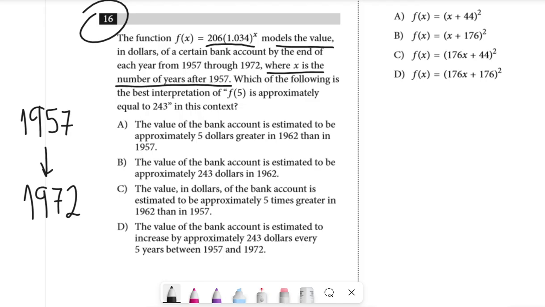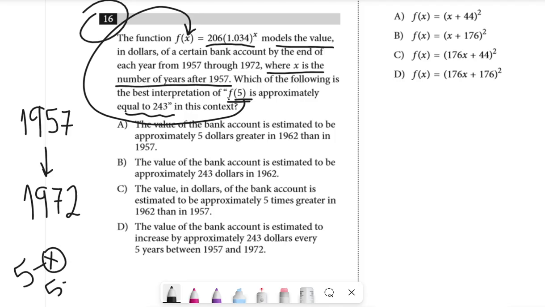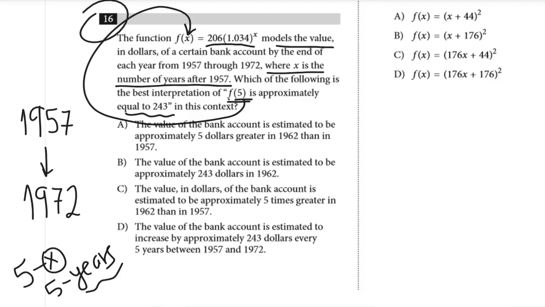Which of the following is the best interpretation of f of 5 is approximately equal to 243? So f of 5, which means we put 5 over here. So this means we put 5 instead of x, which means 5 stands for years, right? So, what do we have now? Which of these is the correct one?